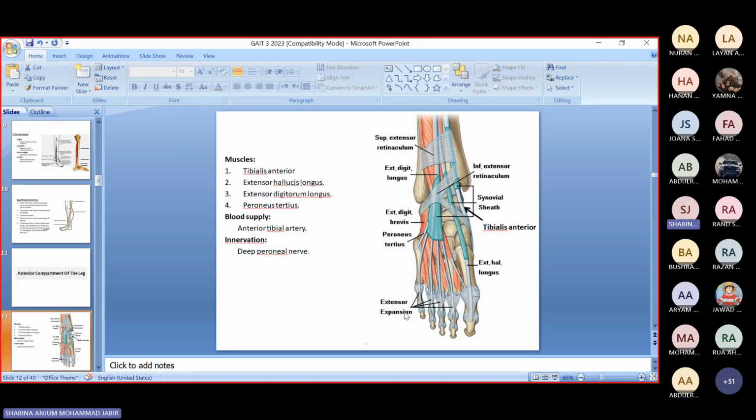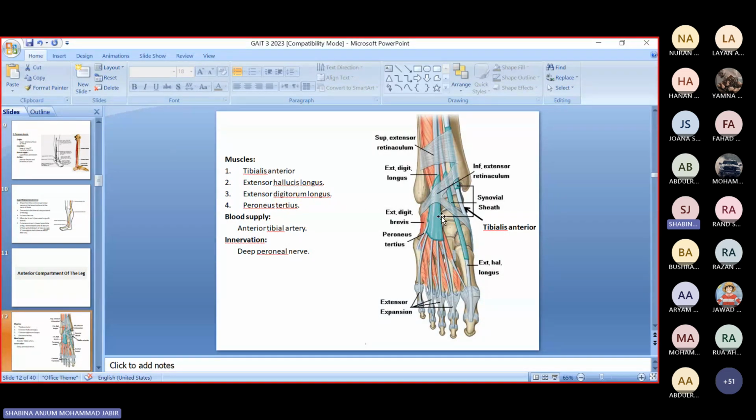Then we have the muscles of the anterior compartment. So here we have important 4 muscles. Okay, so we know this is extensor compartment. So obviously there will be extensors. Which extensors? The one extensor which is for the great toe. This is called as extensor hallucis.